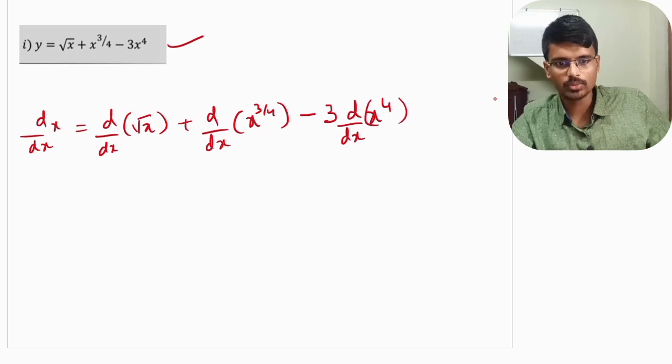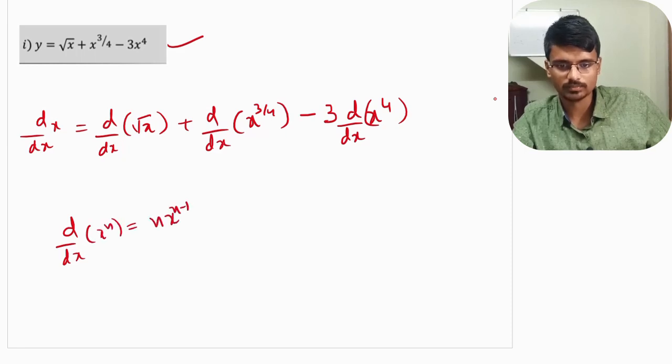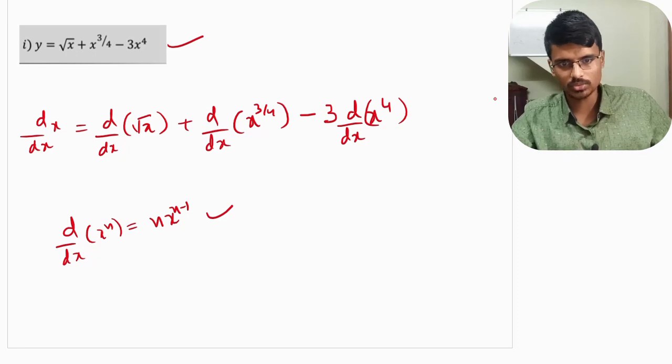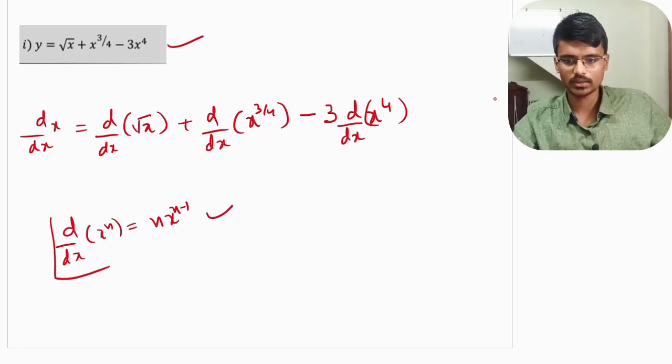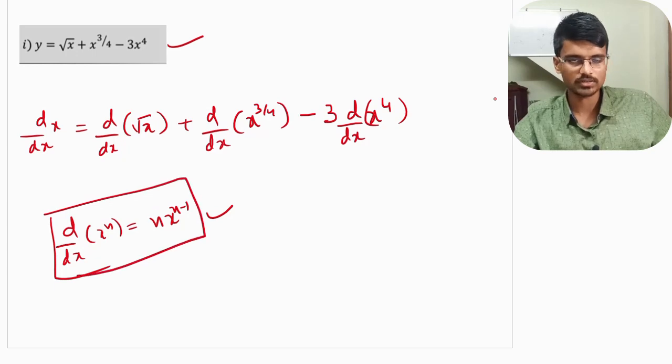So all you have to do here is apply this formula. D by dx of x power n is equal to n x power n minus 1. Okay, so I would suggest you to complete this. I'll not be doing this because it is just direct application of this formula.